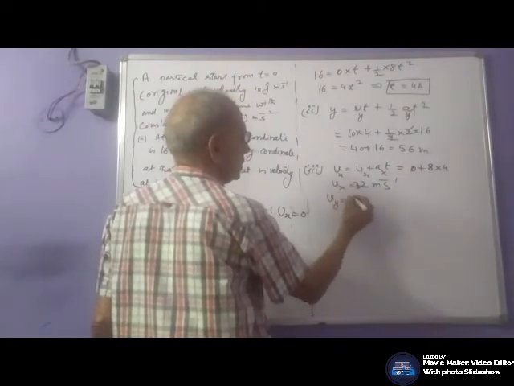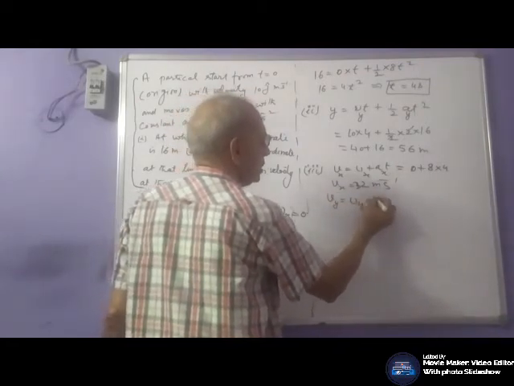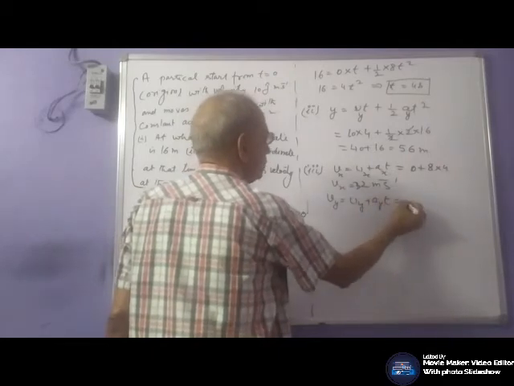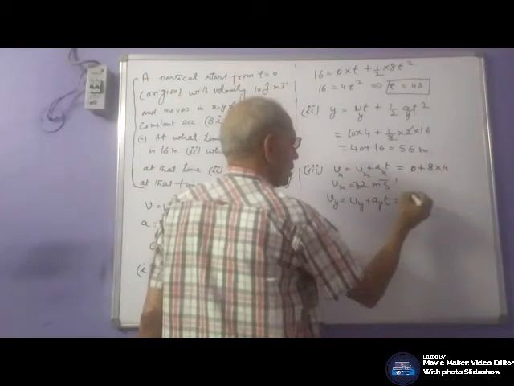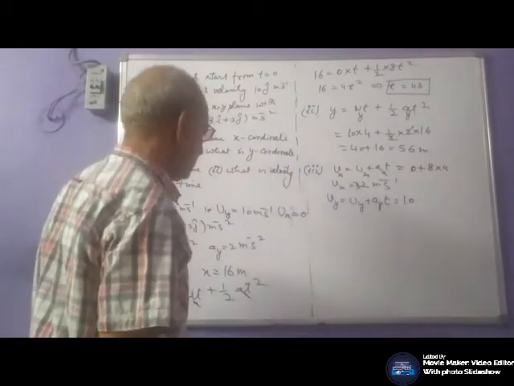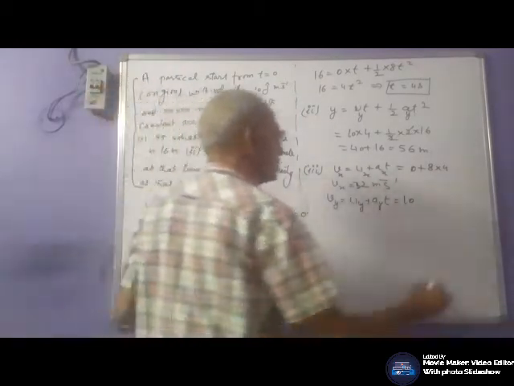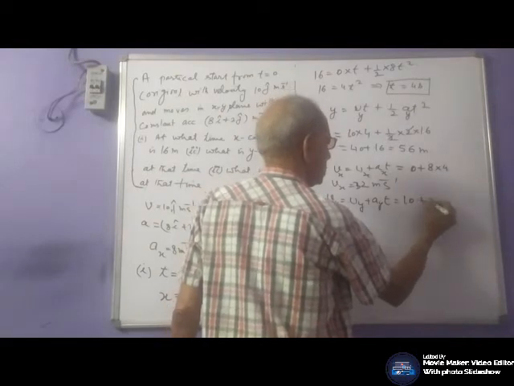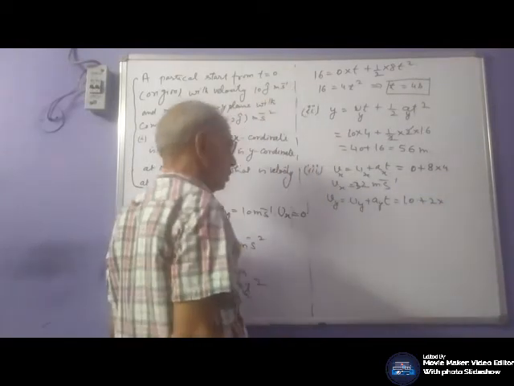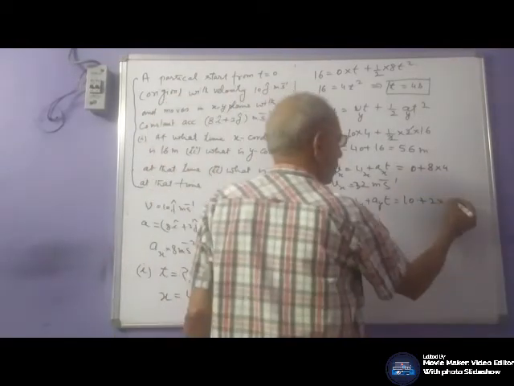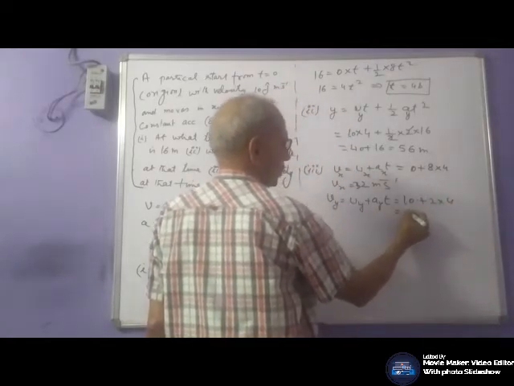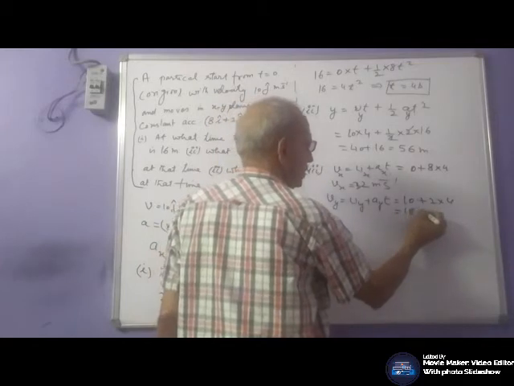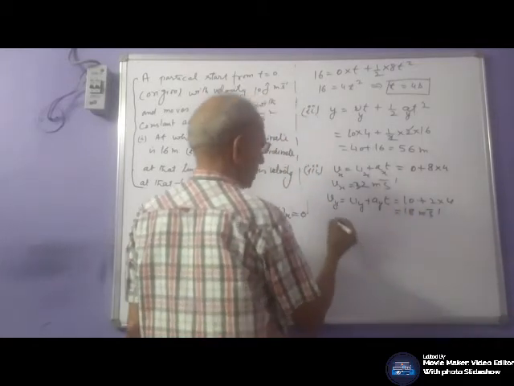Vy is uy plus ay t. uy is 10, ay is 2, t is 4, so it is what, 18 meter per second.